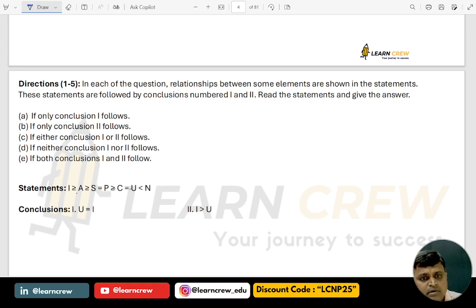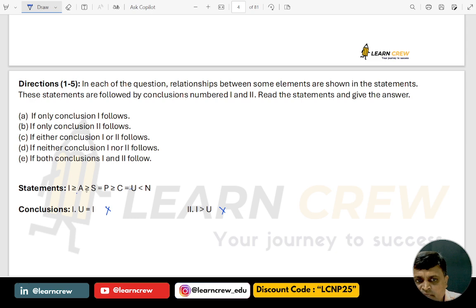Next, between U and I you have different inequality also. So U is equal to I cannot be said. So it is also wrong. So individually they are wrong. But see here what is the relation you are going to get.